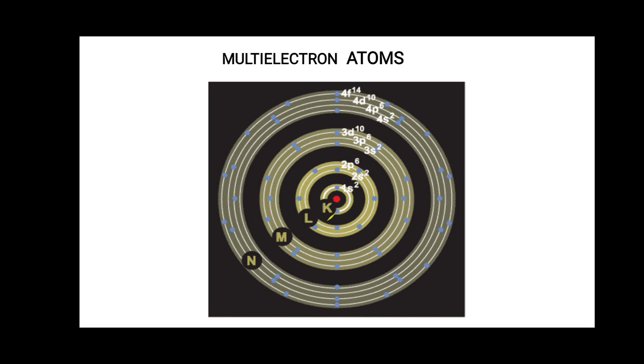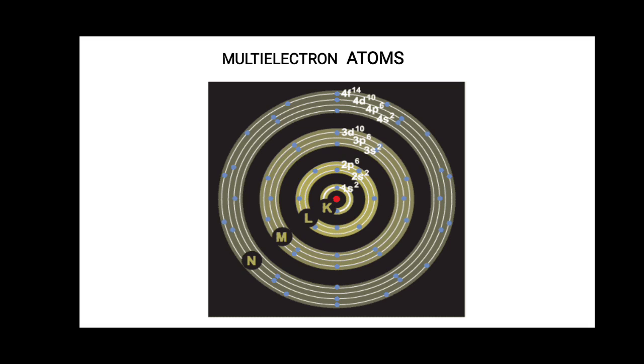Such orbits are called stationary orbits. What is a stationary orbit? Take an example of some atomic structure. Here is the nucleus, and there is an orbit. In the orbit there is an electron revolving, that means rotating, around the nucleus in a certain permitted or fixed circular orbit associated with a definite amount of energy.